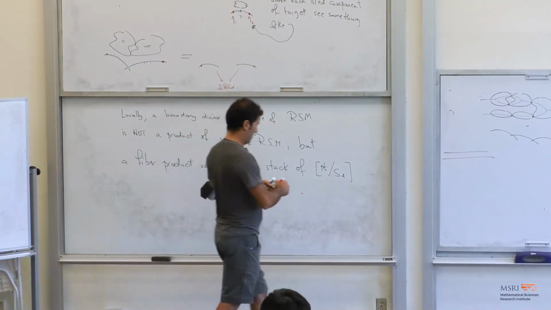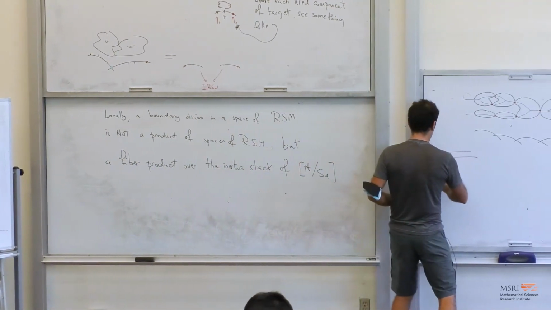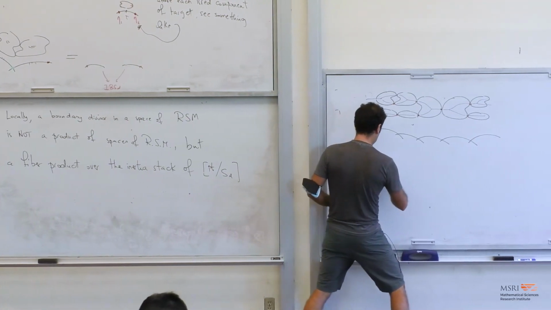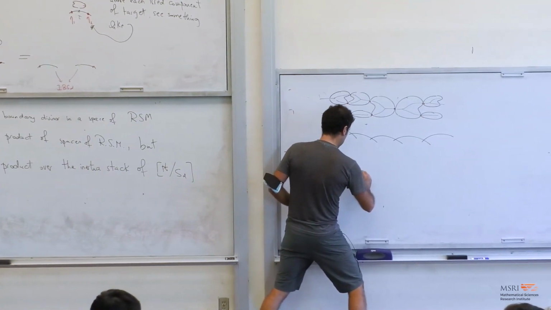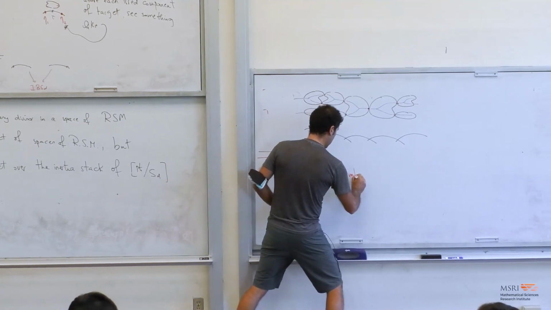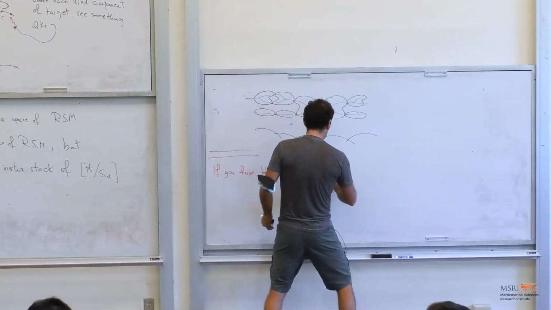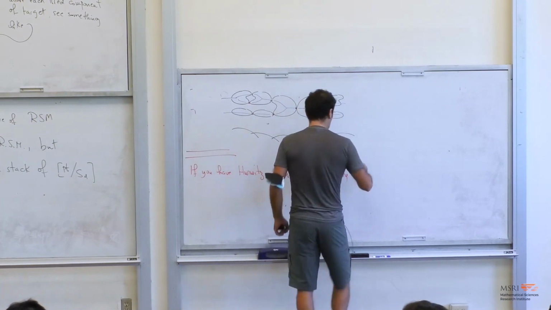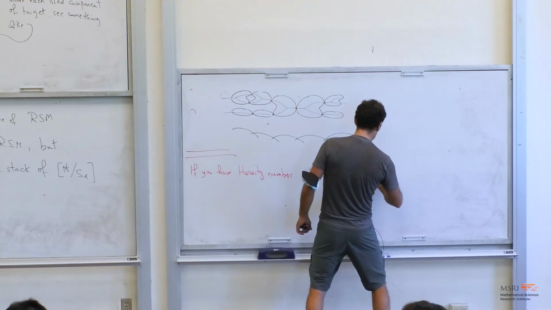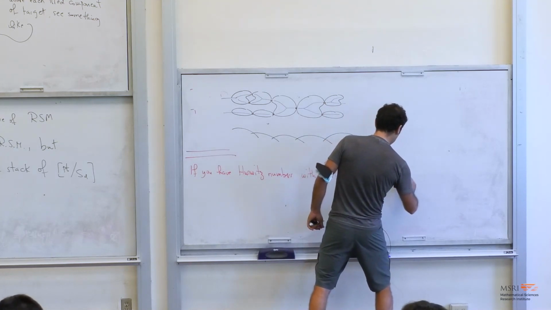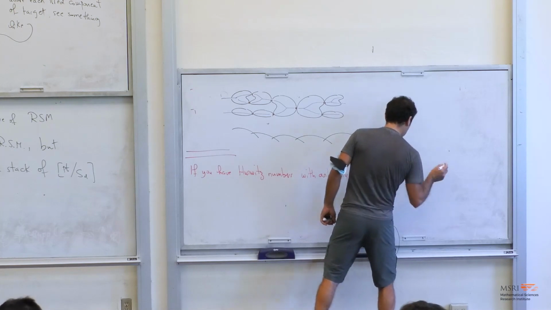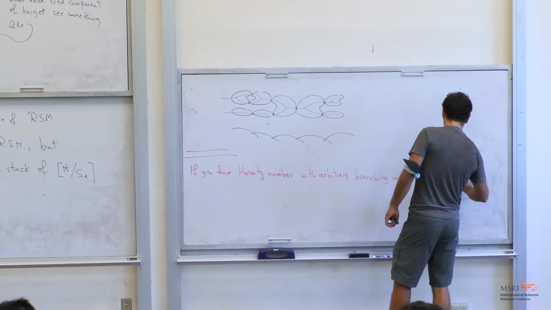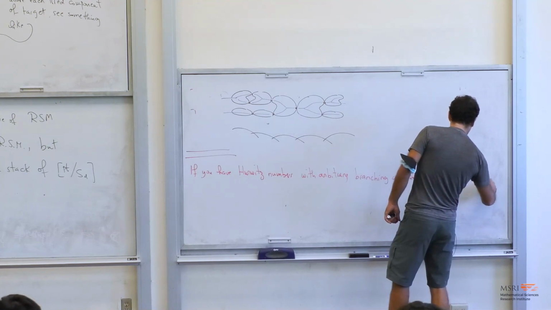If you have Hurwitz numbers with arbitrary branching conditions, and even arbitrary base genus.